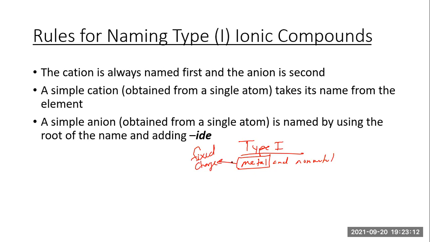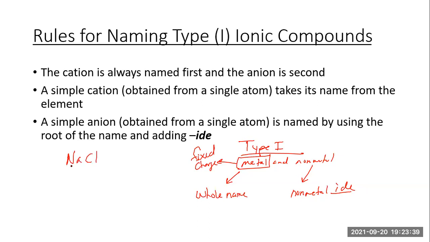As soon as you identify it as a type 1 compound, that is pretty much all you need to do. You then basically take the metal and you use the whole name. And you take the non-metal, you drop the last part, and you replace it with that IDE. And that is pretty much all you need to do when you can identify it as a type 1.